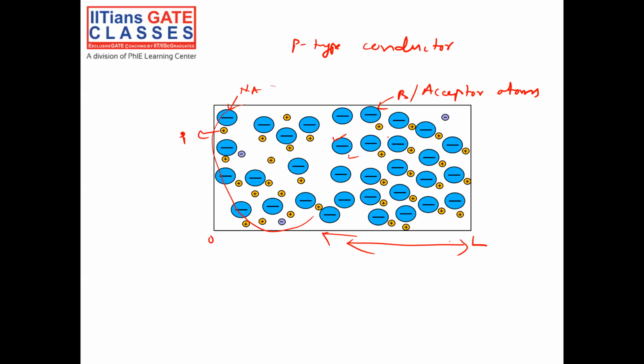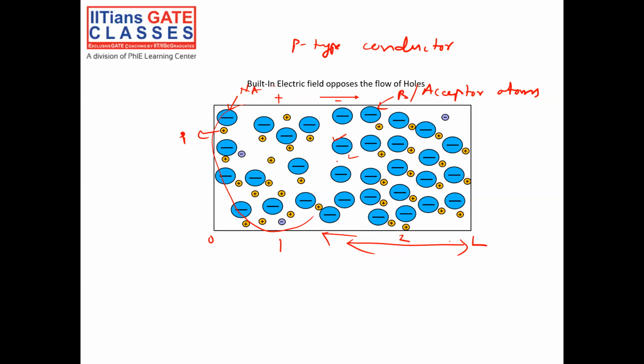Since the holes moved from region 2 to region 1 due to concentration gradient, the acceptor atoms got exposed and I got net negative charge, and net positive charge in region 1, because here holes are more. So it will create one electric field, because here net positive charge is there, here net negative charge is there.